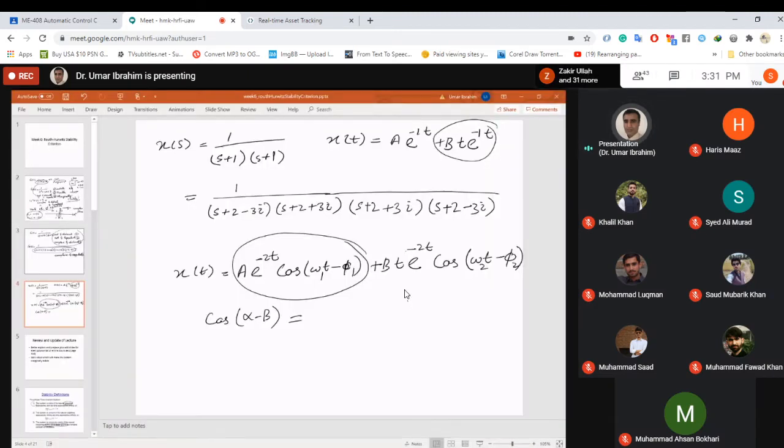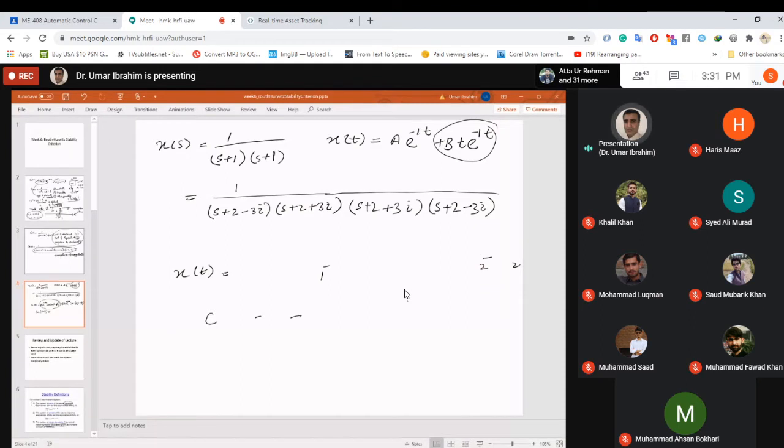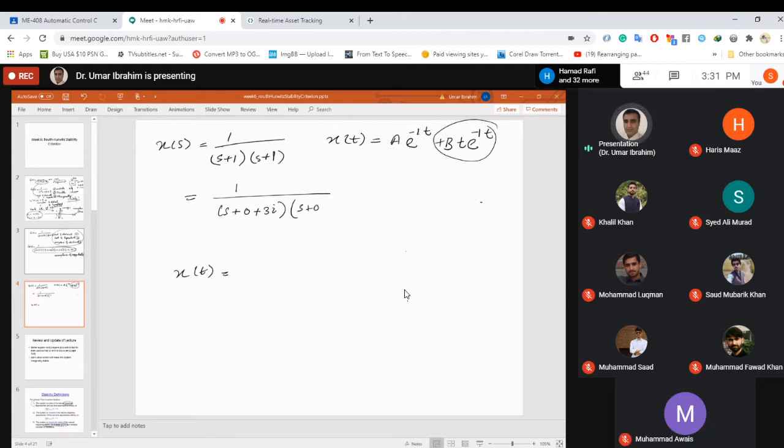Now let's talk about a special case. The marginally stable case. So let's suppose I have a system like this: s plus 0 plus 3 iota, and s plus 0 minus 3 iota.